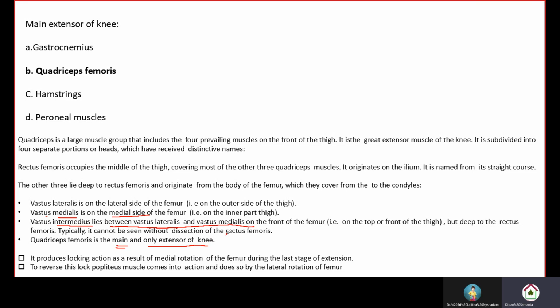Quadriceps femoris basically is the main and only extensor of knee. It produces locking action as a result of medial rotation of the femur during the last stage of extension, and to reverse this lock, popliteus muscle comes into action, causing lateral rotation of femur.